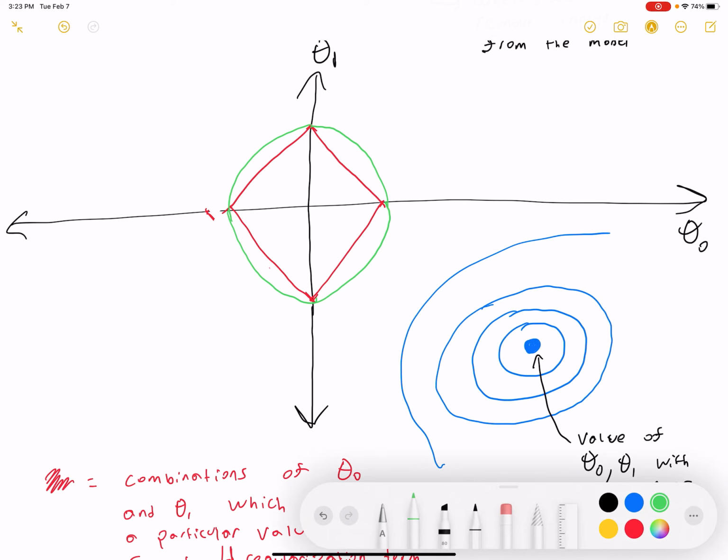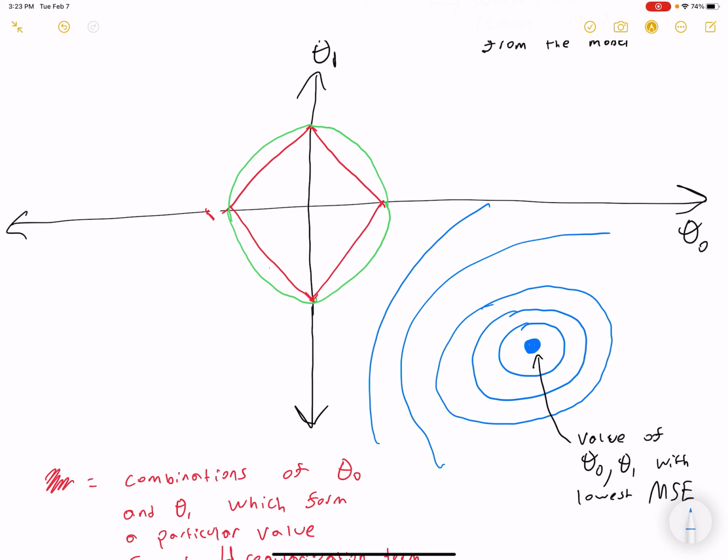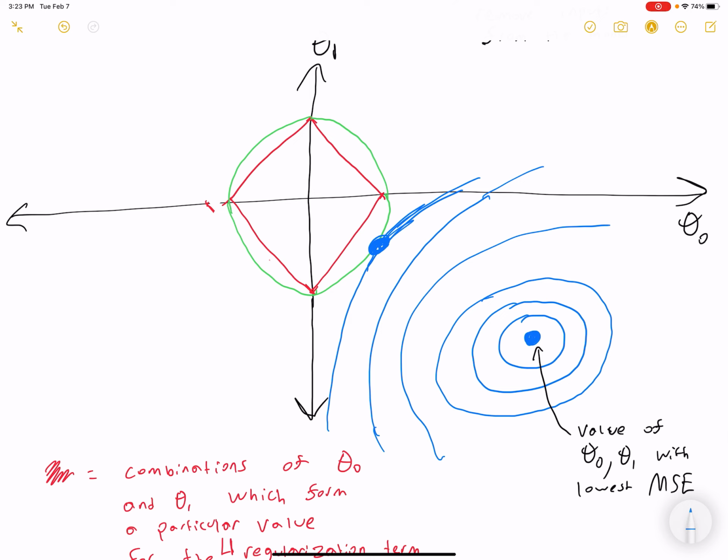And so what happens is if we start expanding, going away from our minimum, the first place where we intersect with the L2 boundary is at a certain point of the circle, but by contrast for L1, the first place where they intersect tends to be right at these corners.